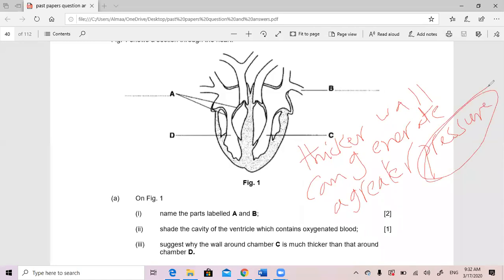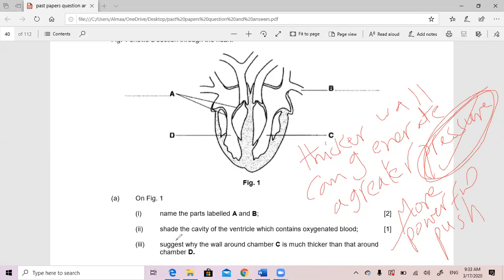The word pressure here is very, very important. It means a more powerful push. So that is the reason. I will repeat another time: the wall in chamber C is thicker than chamber D. That's question number 4.